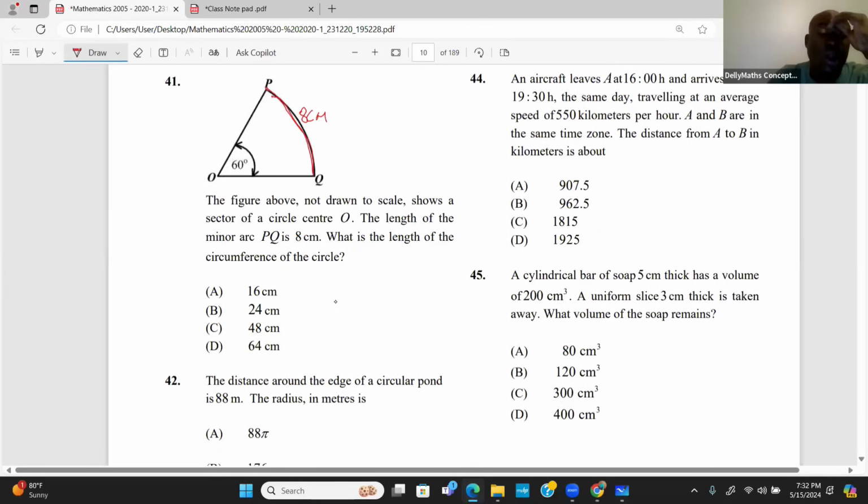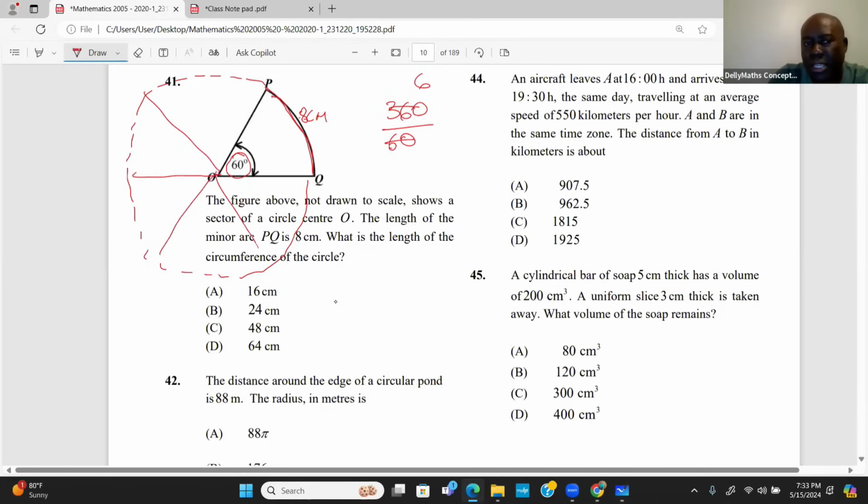In other words, how many times will I get this to go around and come back right here to be a circle? You can think about it in many ways. You can ask yourself, how many times can 60 go into 360? If you take 60 degrees and it goes into 360 6 times, it means you're going to have this 6 times as you go around it.